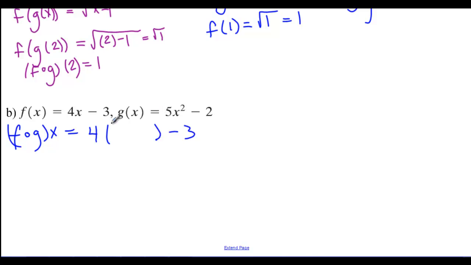So we're plugging in g of x, which is 5x squared minus 2. We'll simplify. So this is going to give us 20x squared minus 8 minus 3. So 20x squared minus 11 for our f of g of x.